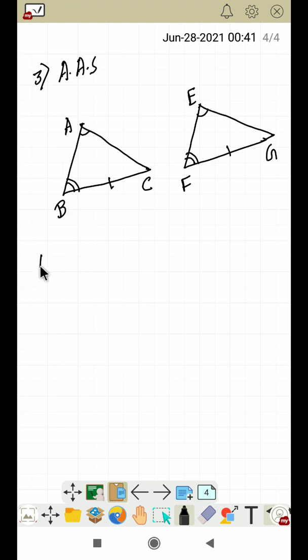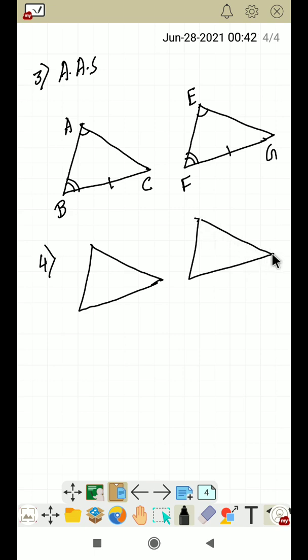Now the fourth property is side side side.